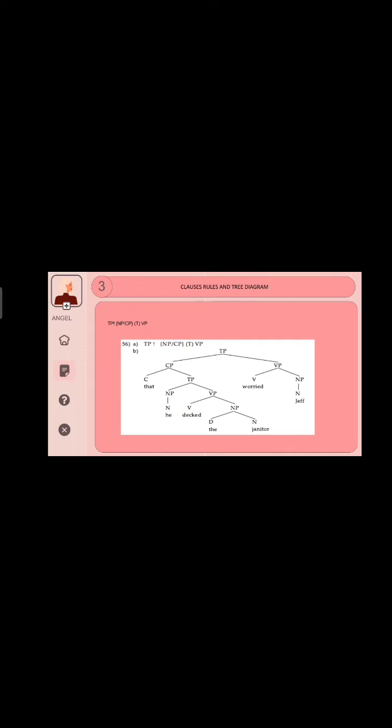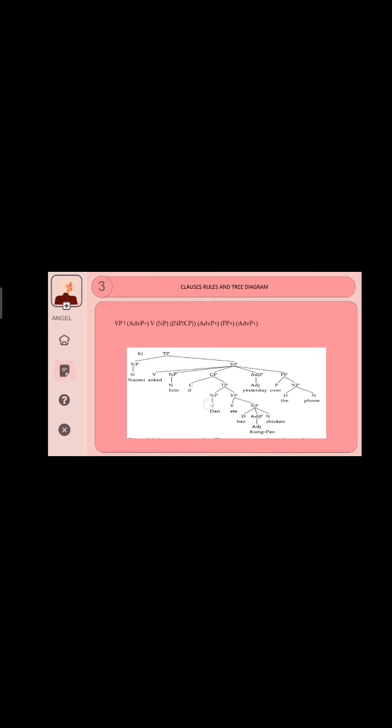Next, we have Naomi as the noun phrase, Erin as our object, and CP as complementizer "if," tense phrase, "Dan ate her kung pao chicken yesterday over the phone."